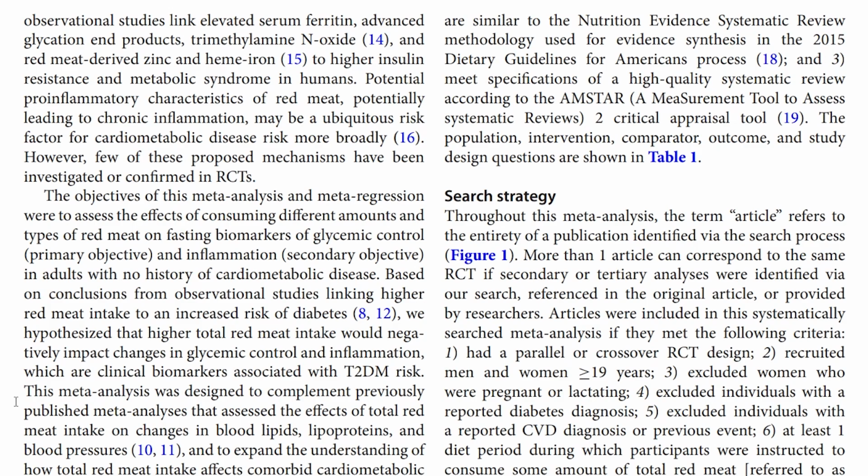This meta-analysis was designed to complement previously published meta-analyses that assessed the effects of total red meat intake on changes in blood lipids, lipoproteins, and blood pressures, and to expand the understanding of how total red meat affects comorbid cardiometabolic disease risk factors.